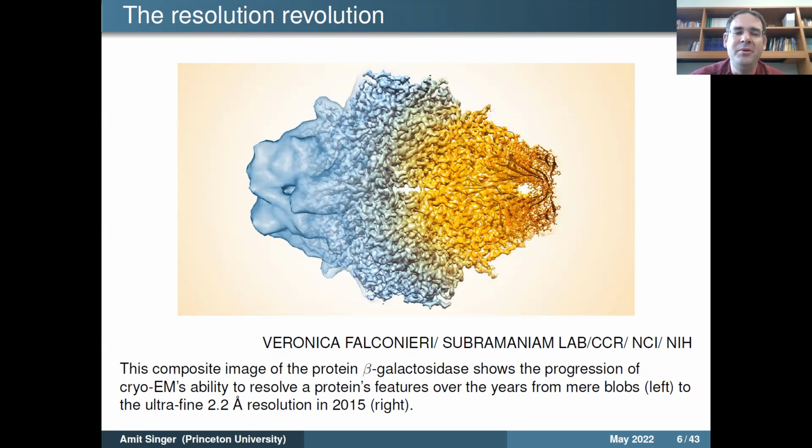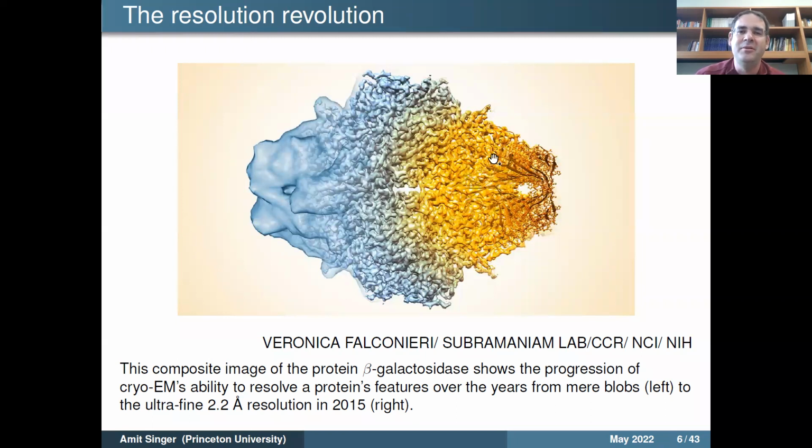Now I want to give you a sense of what's going on in the world of cryo-EM, whether or not you are a mathematician. There's been a tremendous advancement in the technology. In the old days you would get very low resolution and structures that would look like blobs.